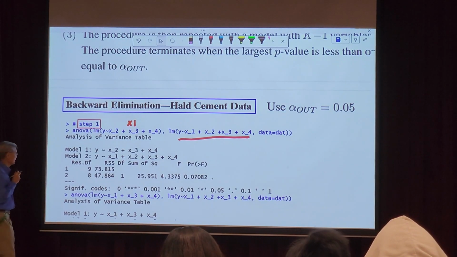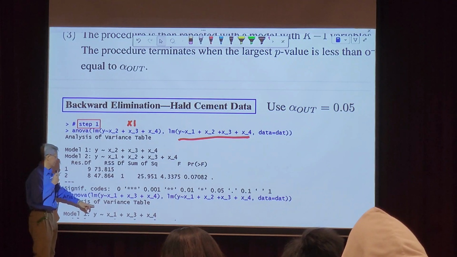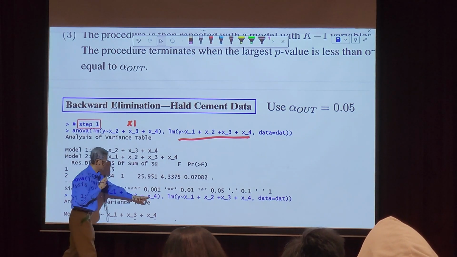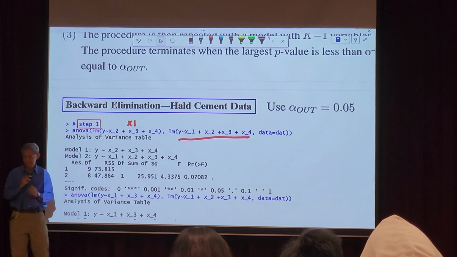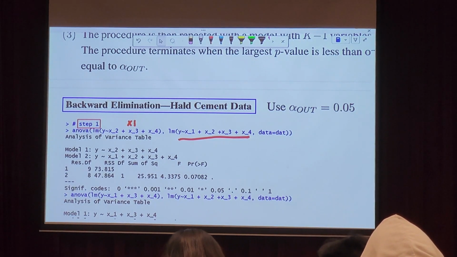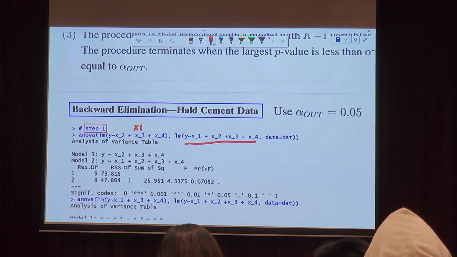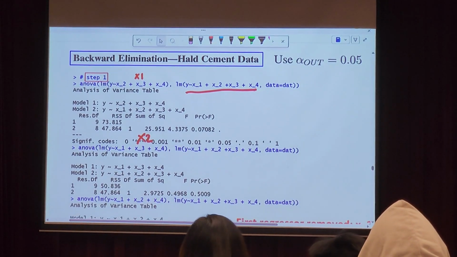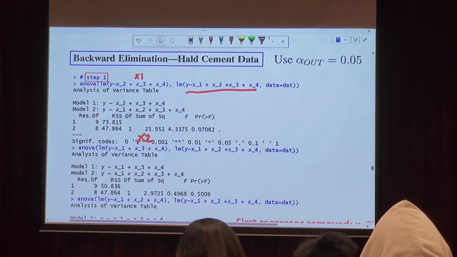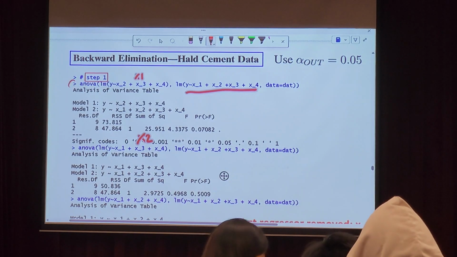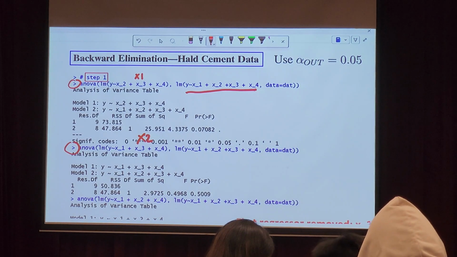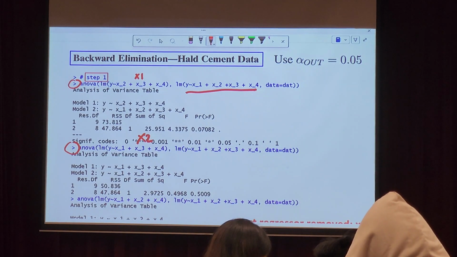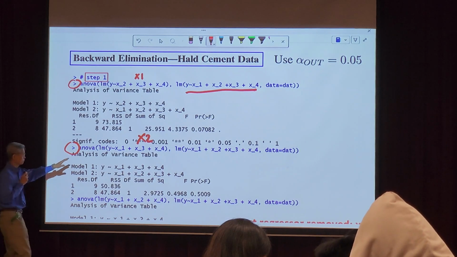So you need to consider another model here, x1, x3, x4. Here you are testing the contribution of x2. So this is one of them, and this is the next one. Consider the contribution of x2.